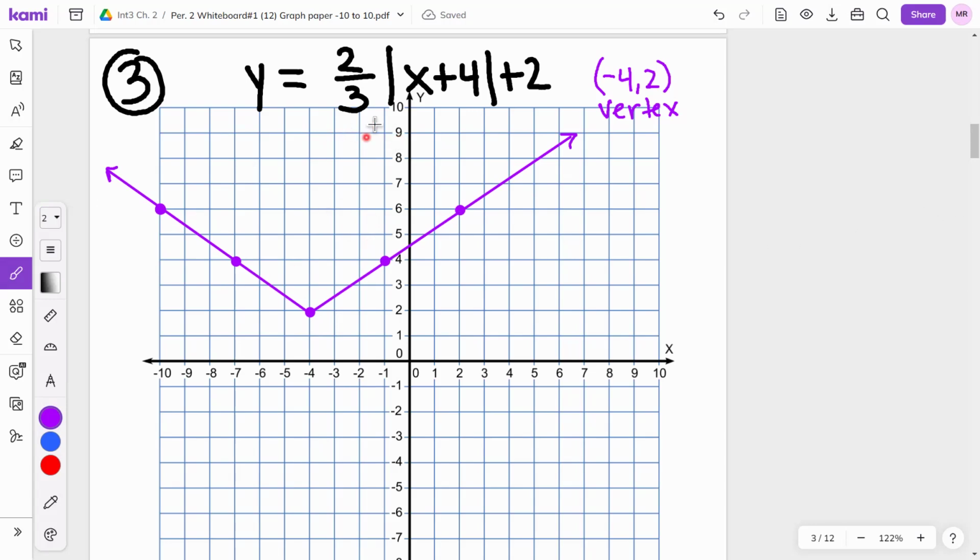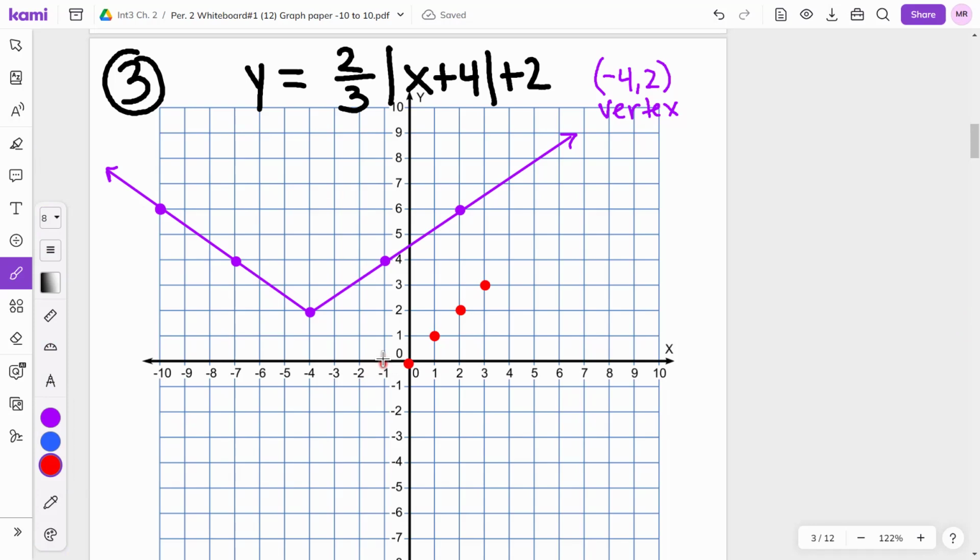Again, we only think of the stretch as a slope if it is absolute value. And the reason for that is a regular absolute value graph, if I graph it in red, is going to be the absolute value of 0 is 0. The absolute value of 1 is 1. The absolute value of 2 is 2. The absolute value of 3 is 3.